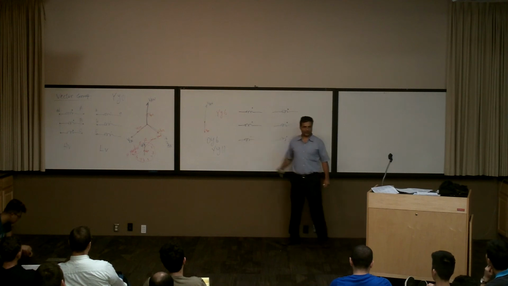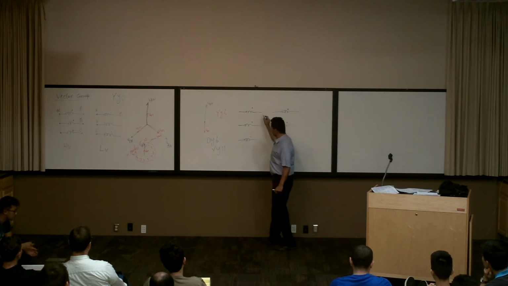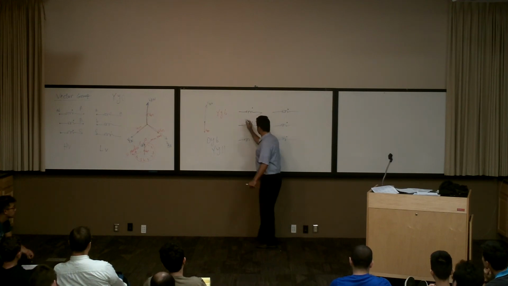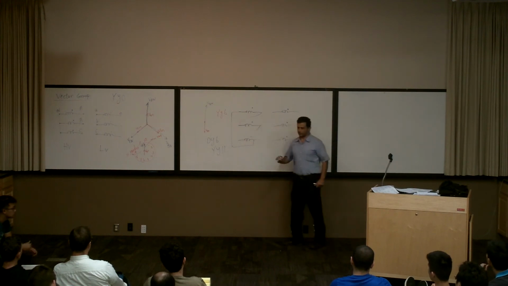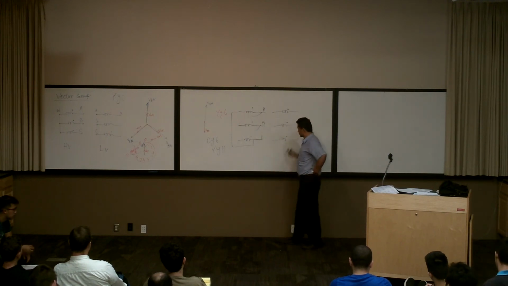I connect here as a Y, and I'm going to connect that with delta. This is the delta connection, right? This is A, this is B, this is C.